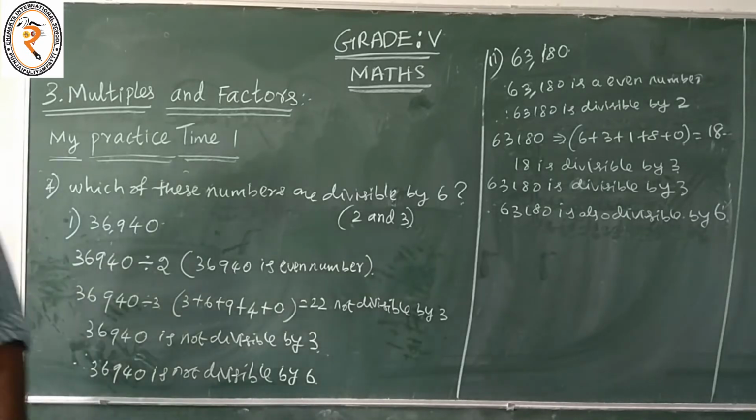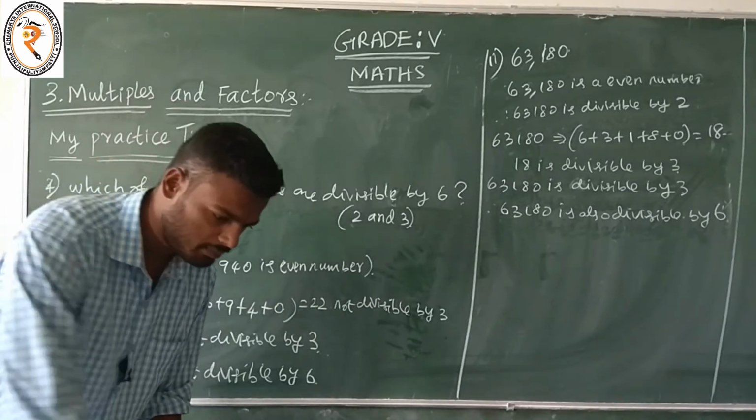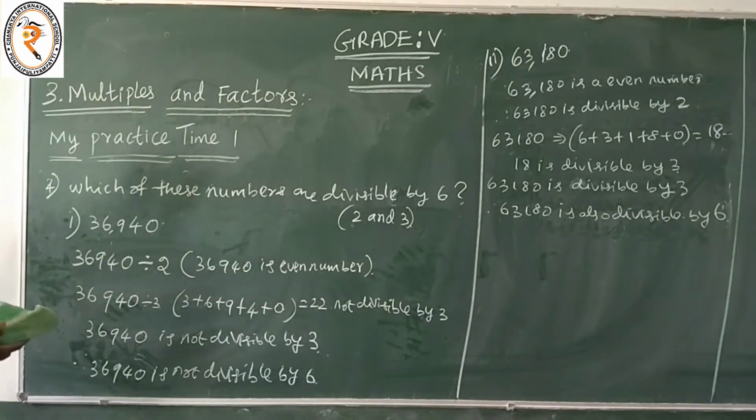Next, question number B. Which of these numbers are divisible by 7?